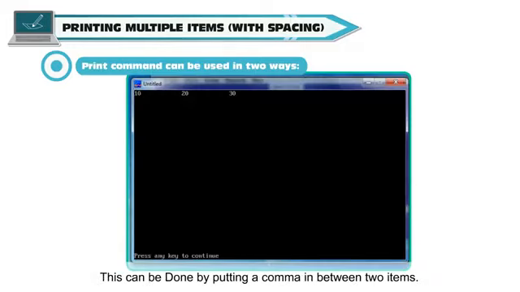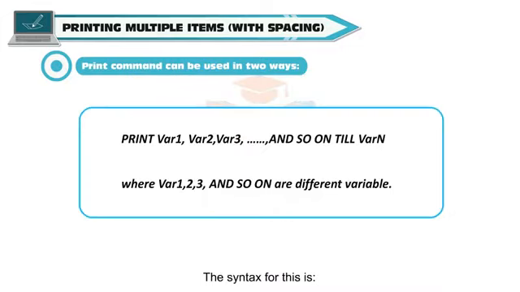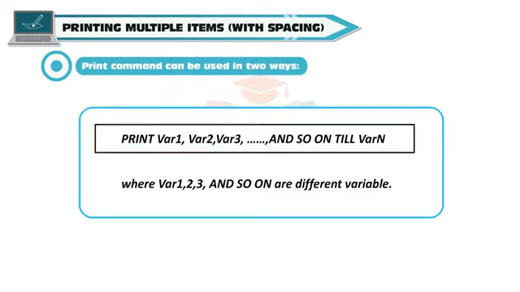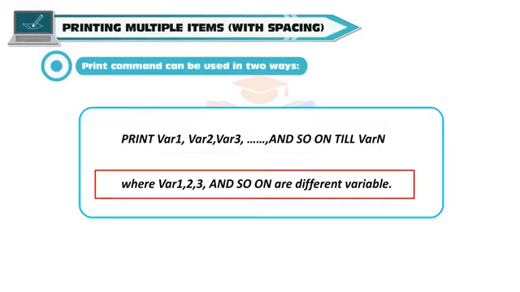This can be done by putting a comma in between two items. The syntax for this is PRINT variable1, variable2, variable3 and so on till variable n, where variable 1, 2, 3 and so on are different variables.